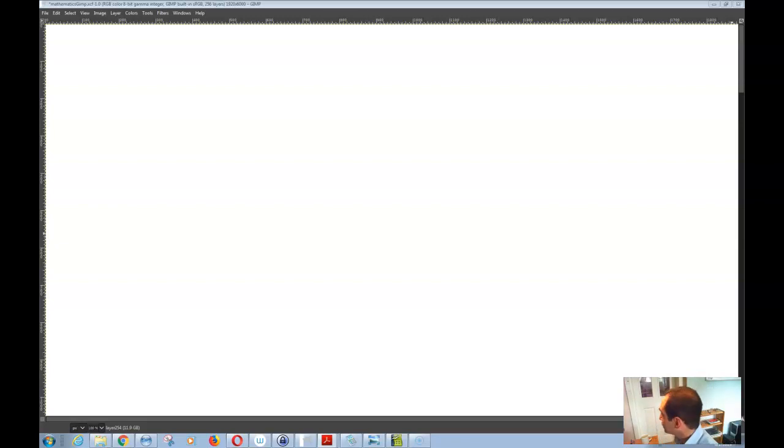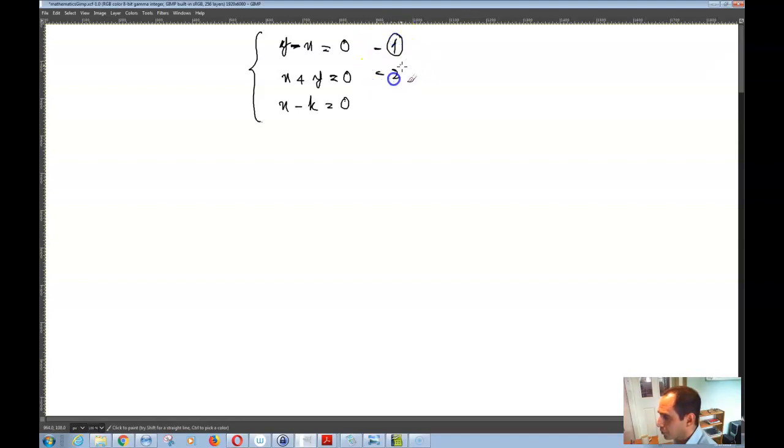So you have these lines over here, y minus x is equal to 0, and x plus y is equal to 0, and x minus k is equal to 0. And basically I call this equation number 1, number 2, and number 3.